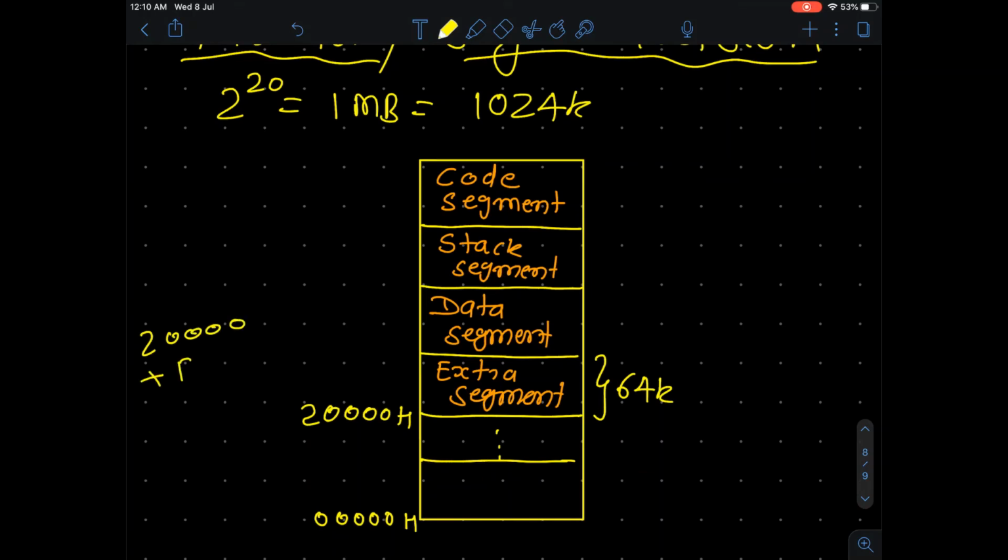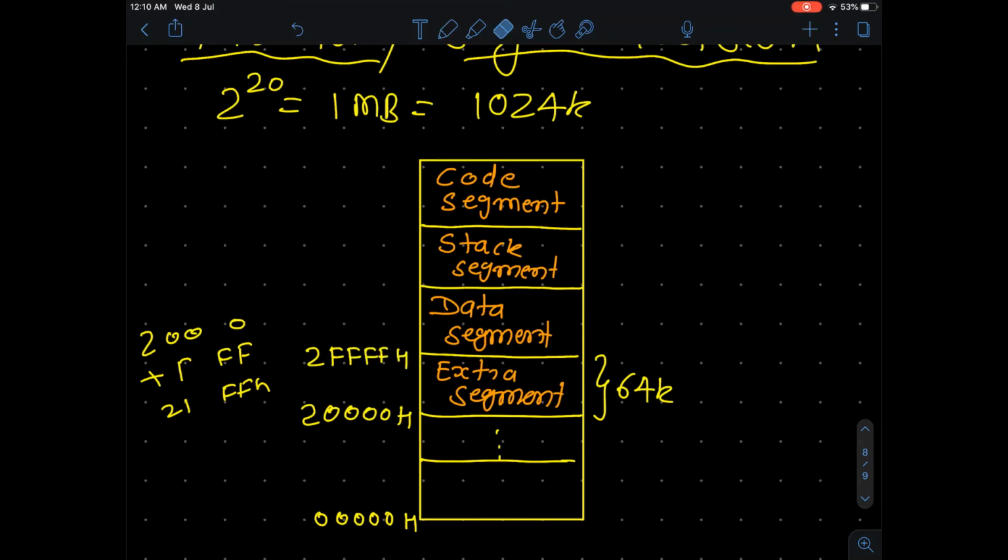20000 plus FFFF equals 2FFFF. This is the ending address of this block.